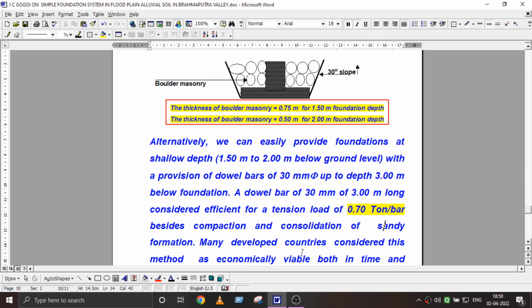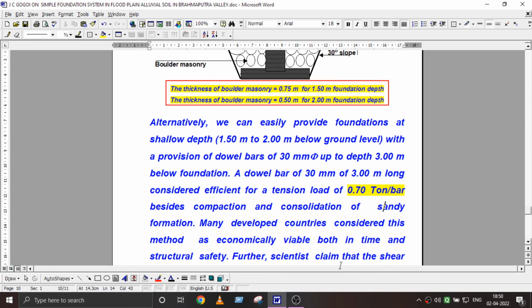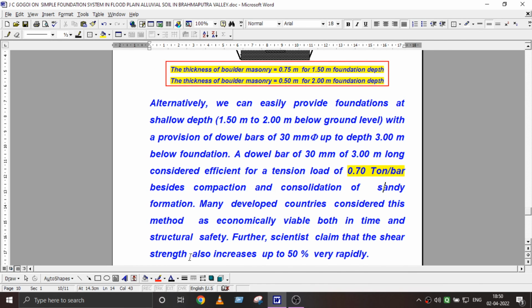Many developed countries consider this method economically viable, both in time and structural safety. Further, scientists claim that the shear strength of soil increases up to 50% very rapidly. During driving, all the bars will be rotating at some specified angle.